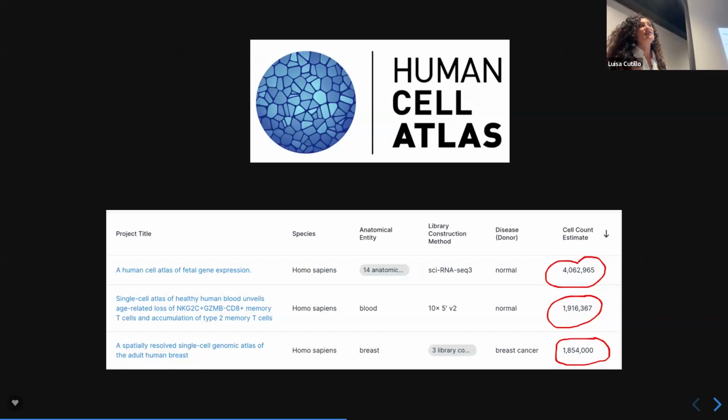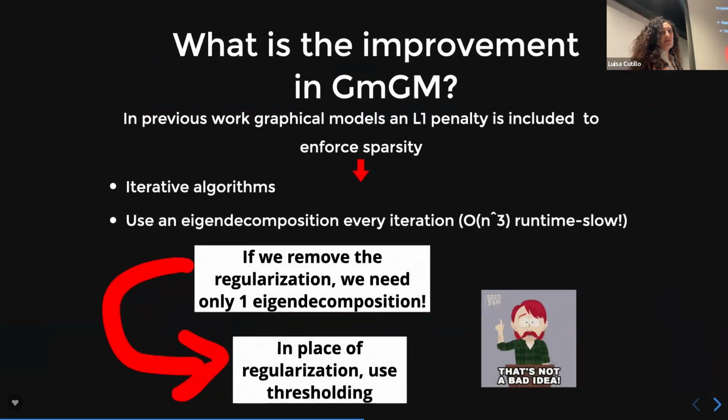And also you can imagine you can have more complex experiments where you have different sources of data, and I will give you examples later. So what is the improvement we did in GMGM? Our approach, that I will talk about in the second part of the talk, is this: we decided to remove this regularization and we use thresholding instead.